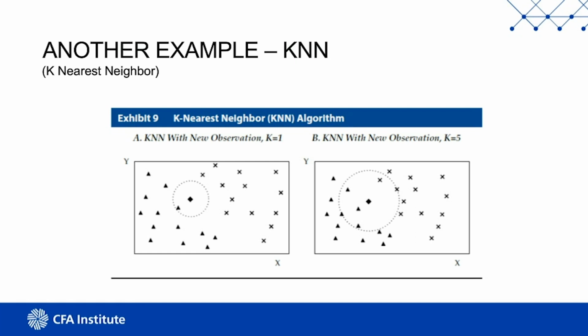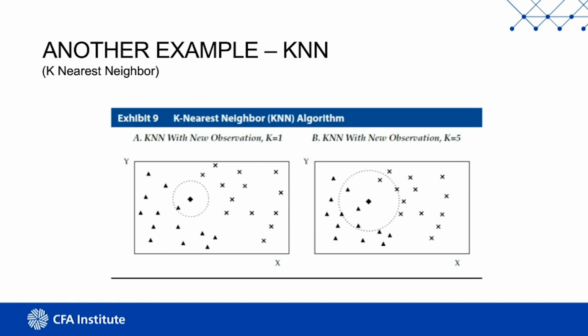So we have the observations of two features, X and Y, and the prediction is, will the new observation be a cross or a triangle? And here we have this new observation, the diamond, and we need to say, do we think this will be classified as a triangle or a cross?